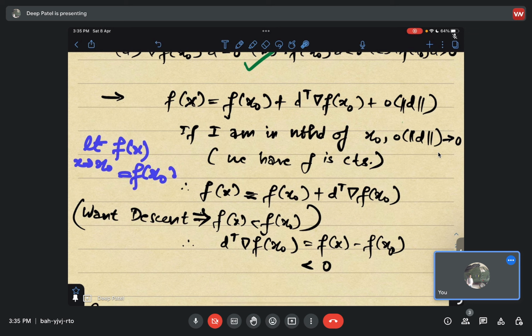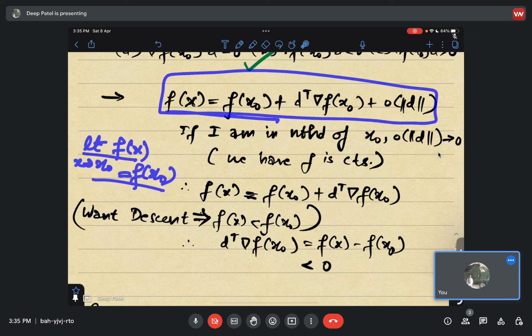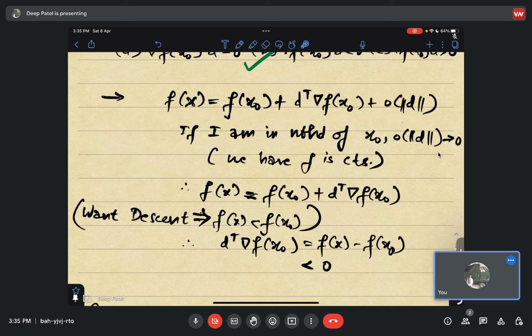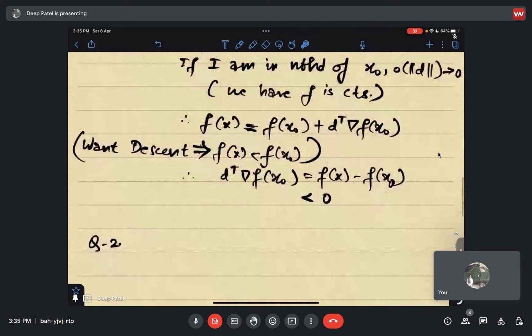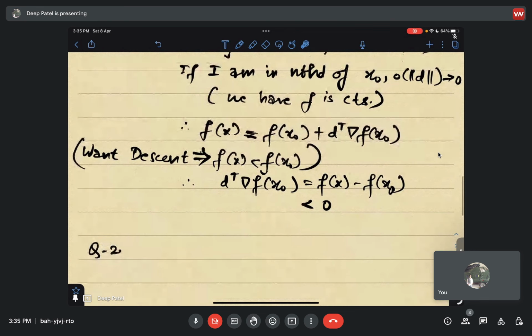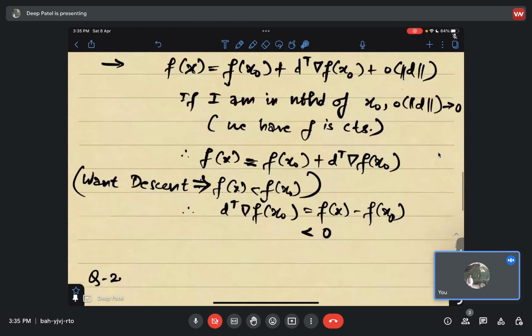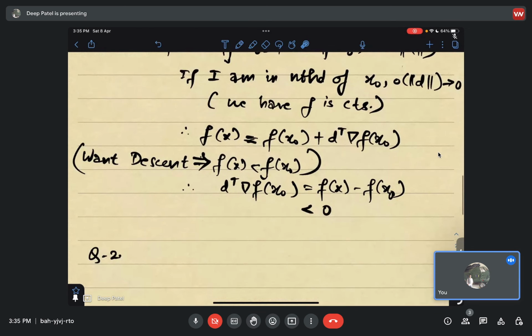Yes, the limiting value is equal to the value of the function, and the same goes for the derivative also. When you say continuously differentiable, it means the derivative is continuous, right? Yes, but we are not using that here.